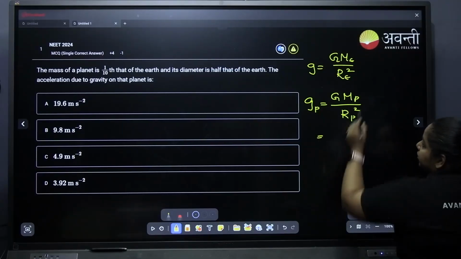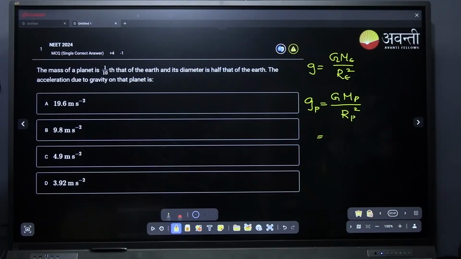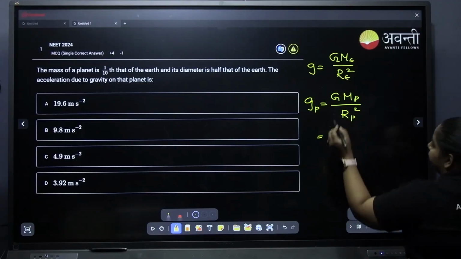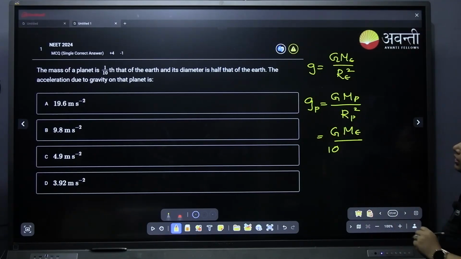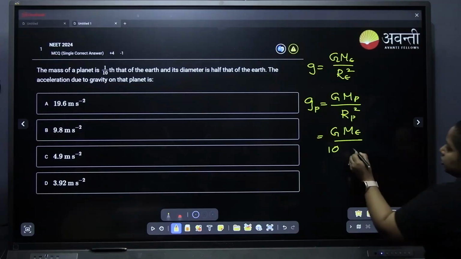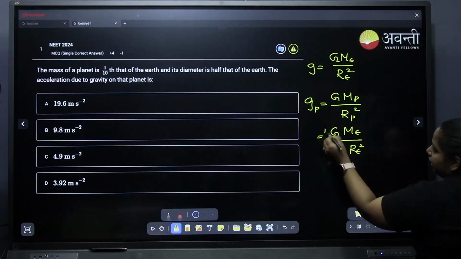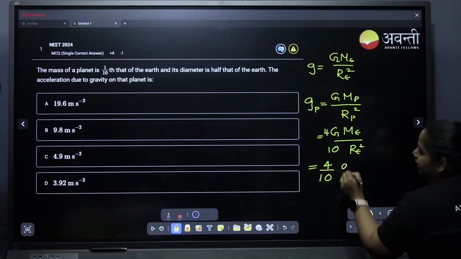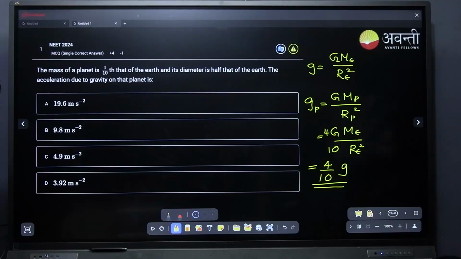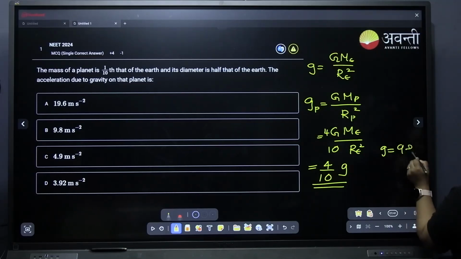Substituting with mass of Earth and radius of Earth: 1 by 10th of mass, so G Me by 10 will come. Diameter is half of Earth, so radius is also half, so Re square by 4. So this is equal to 4 by 10 g. Substitute g equal to 9.8 meter per second square, you will get the answer.